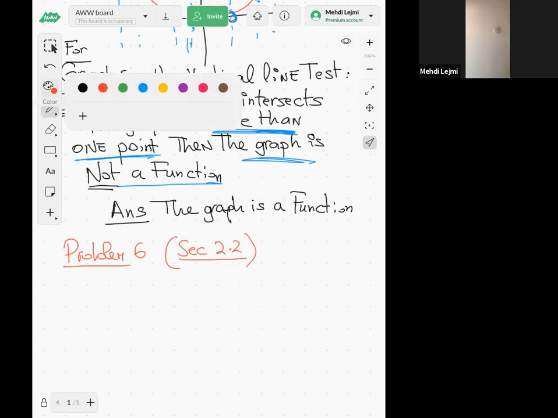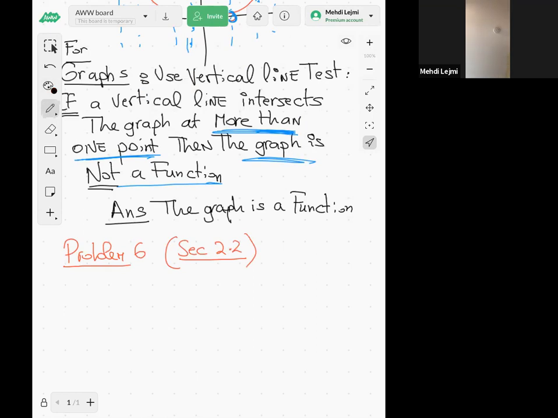So you have this f of x equals minus x squared plus 4x minus 2. Of course, this is a quadratic function because the highest power of x is 2. And if you have a quadratic function, then the graph of a quadratic function is a parabola, right?